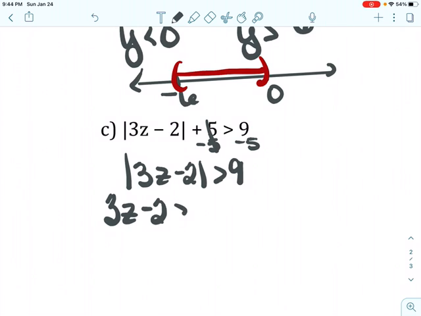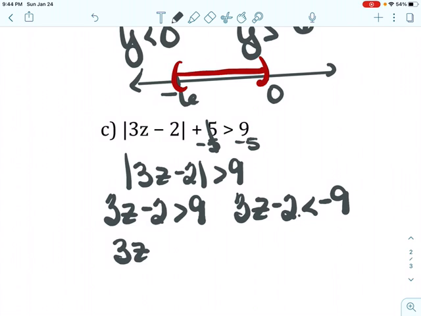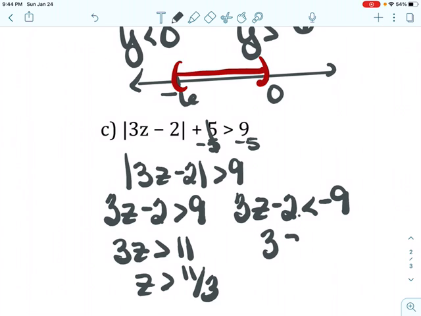So 3z minus 2 is greater than 9. 3z minus 2 is less than negative 9. Add the 2, we get z greater than 11 thirds. Add the 2, negative 7, so z less than negative 7 halves.